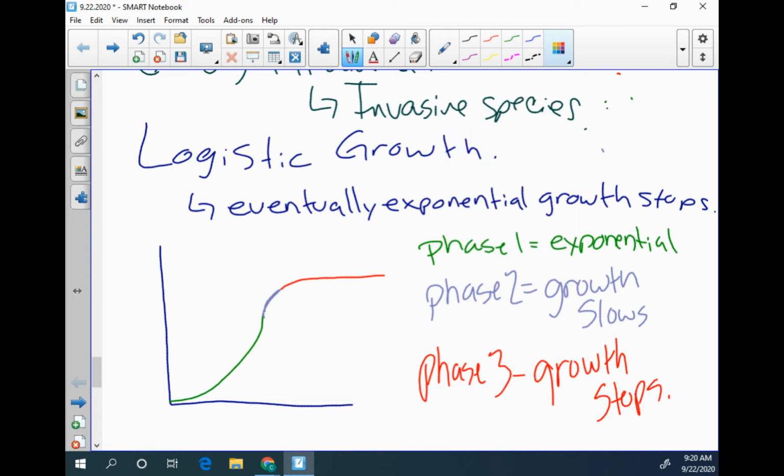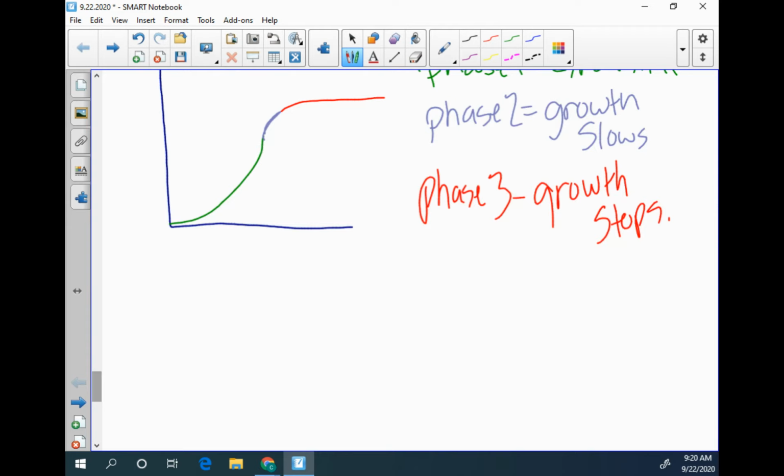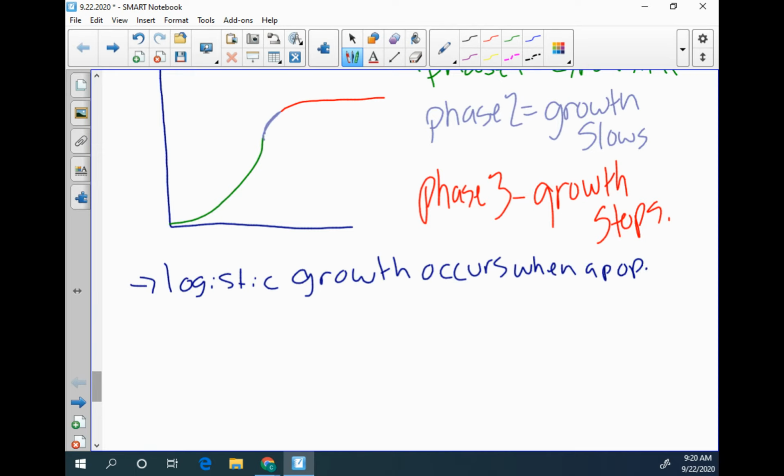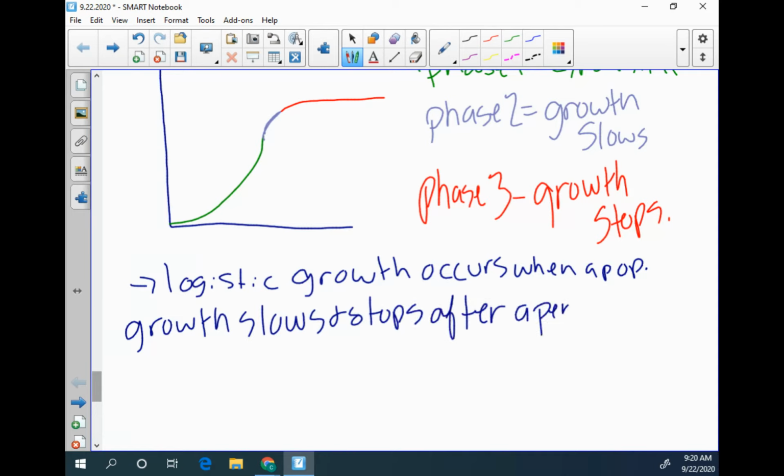Actually, that's not where we were. So, logistic growth occurs when a population, I'm just going to abbreviate that POP, slows and stops after a period of exponential growth, which is essentially exactly what we just graphed.